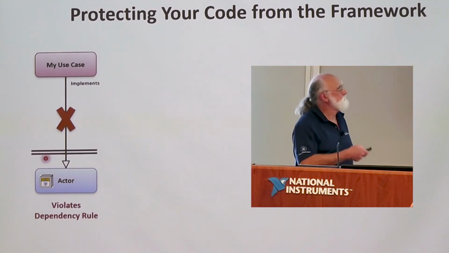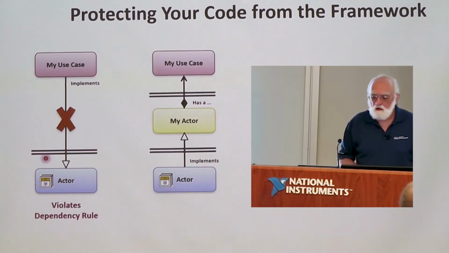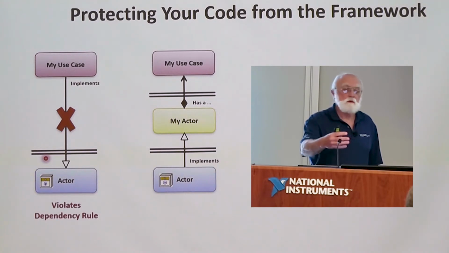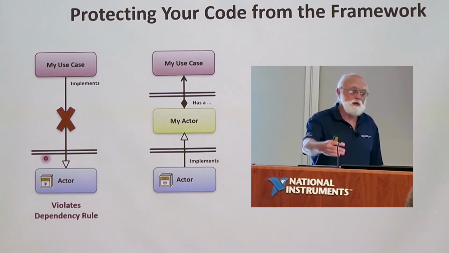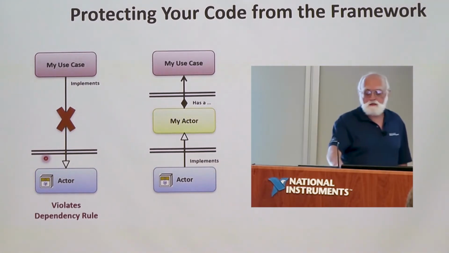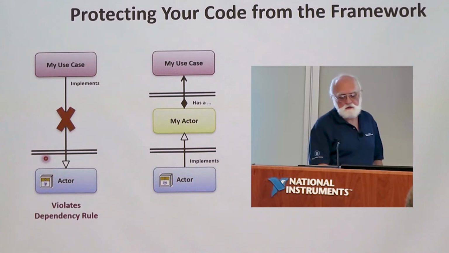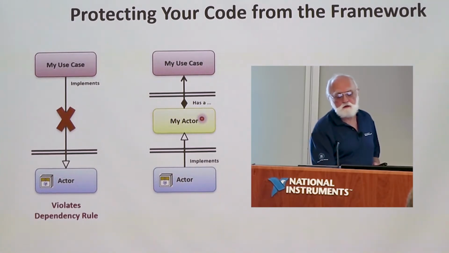So how can you get around this? This is just a way to do it. You create an actor in the presenter or controller layer, then instead of inheriting from the actor, it has your business case object, and it calls it in the block layer.